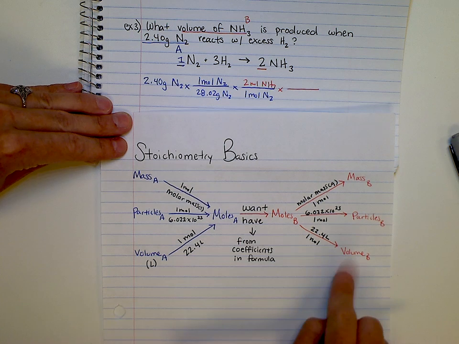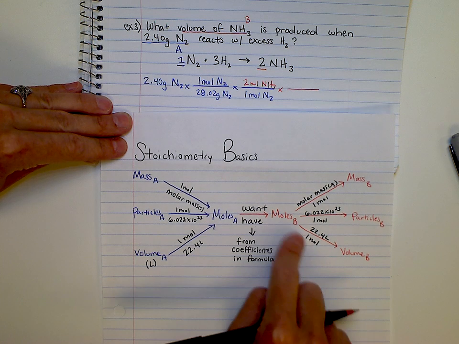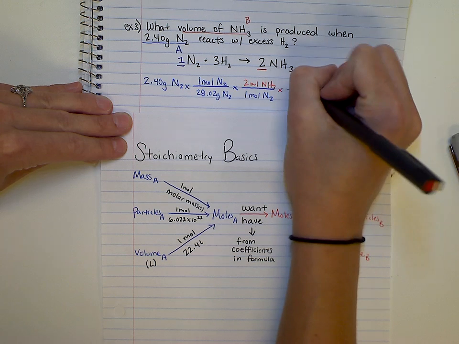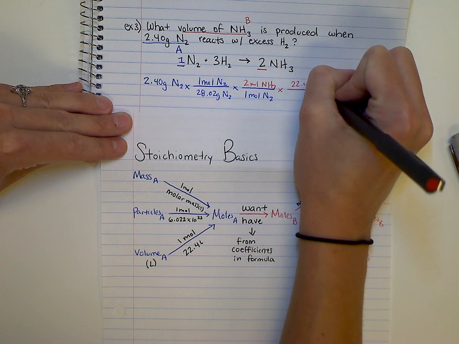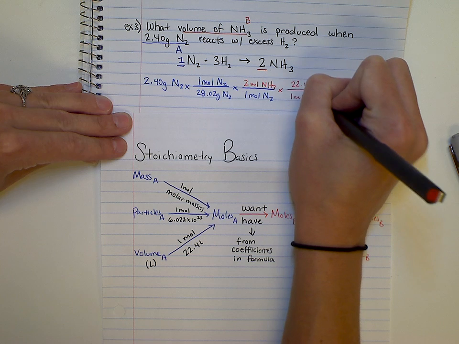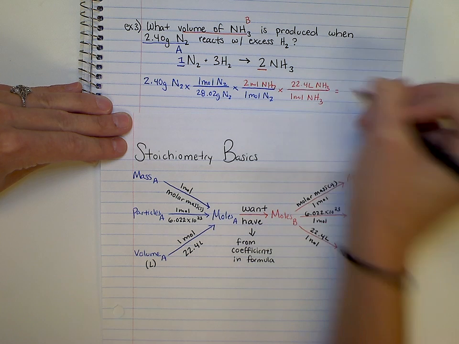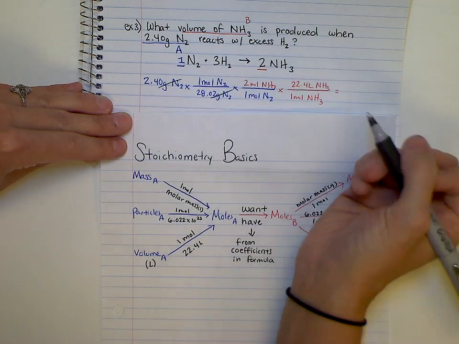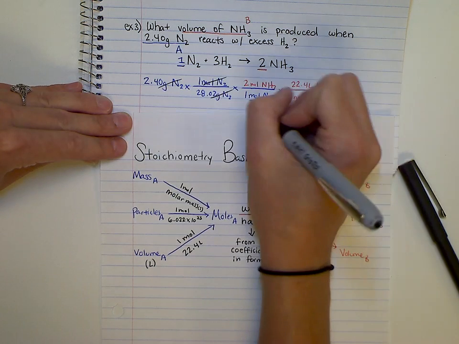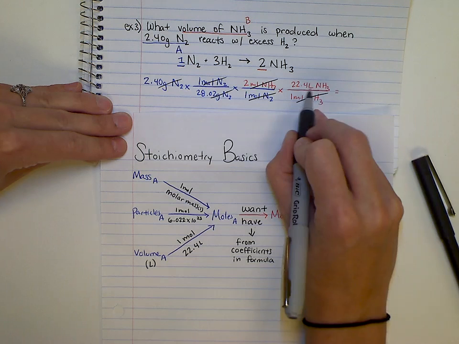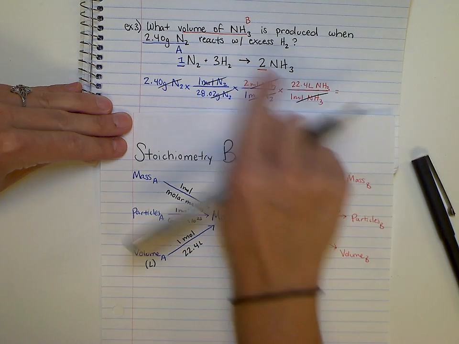And then my last step, I have to get down here to volume. So my conversion tells me I have 22.4 liters over 1 mole, so 22.4 liters of NH3 for 1 mole of NH3. Double checking that I have this set up correctly, grams of N2 cross out, moles of N2 cross out, moles of NH3 cross out, and I'm left in liters of NH3, which is what I want.